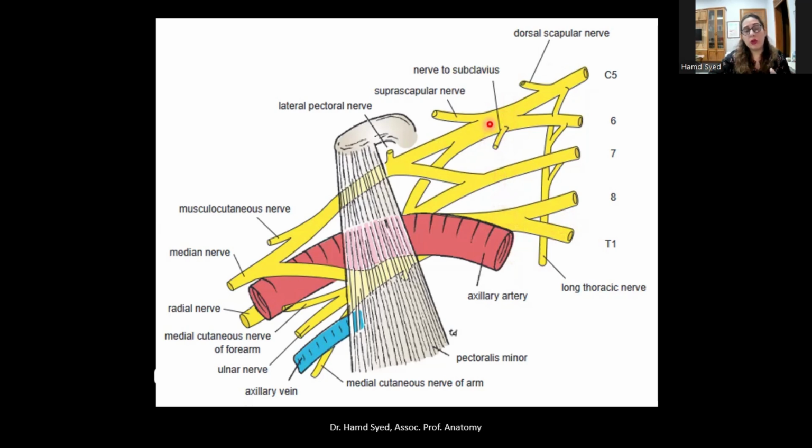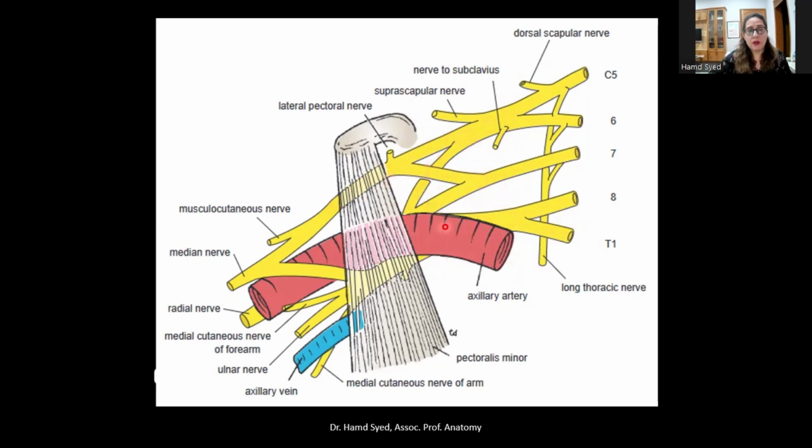Now each trunk is going to divide into two divisions, which are anterior and posterior. So this is the area where the divisions are present, and you can see that the anterior divisions of the upper and middle trunks are going to come together and form this cord, which is the lateral cord of the brachial plexus.